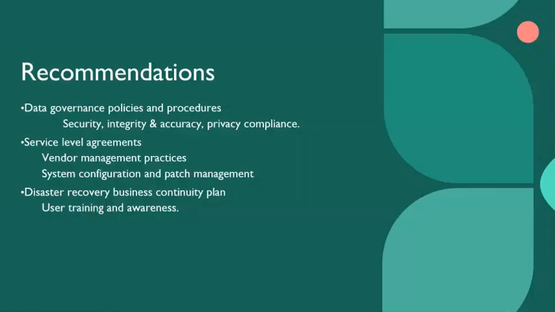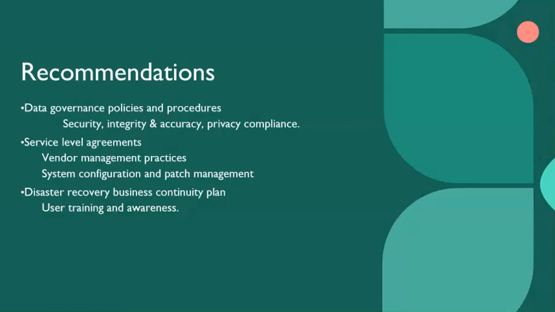Recommendations that we have for HPU are as follows. Ensure thorough data governance policies are in place for Blackboard, Ellucian, and Unified systems covering data privacy, data security, data retention, data classification, data access, and data sharing. Review and update these policies frequently to ensure compliance with applicable laws and standards.